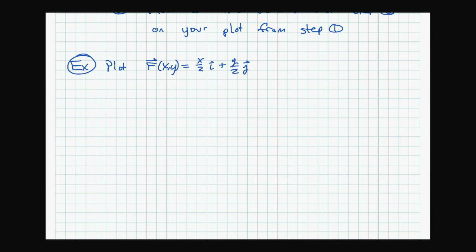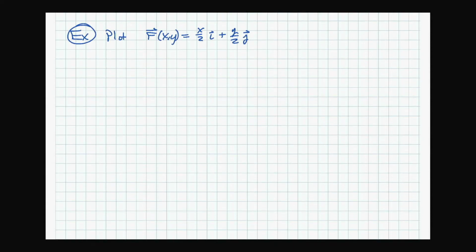Okay, so let's see if we can do this. So let's just put this over here, and I'm only going to go out to 2. 1, 2, -1, -2, 1, 2, -1, -2. Because that is already a lot of points, right?